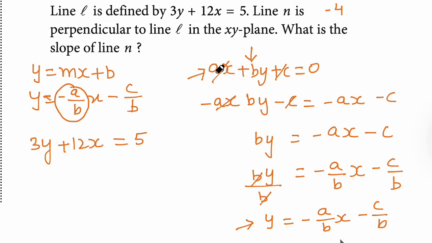If you compare, a is 12, b is the coefficient of y, that is 3, and c is 5, right? So what is the slope? Negative coefficient of x over coefficient of y, which is -4. So I have calculated the slope without converting it into slope-intercept form, right?